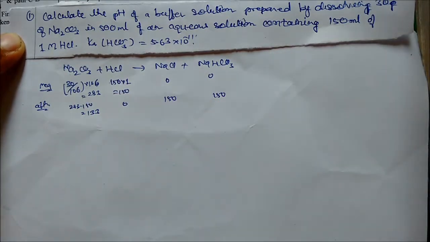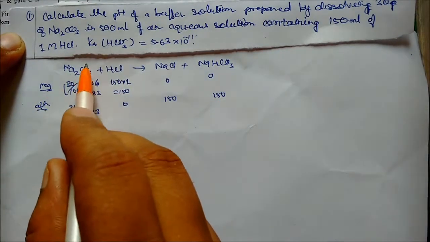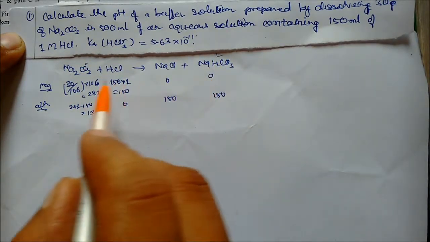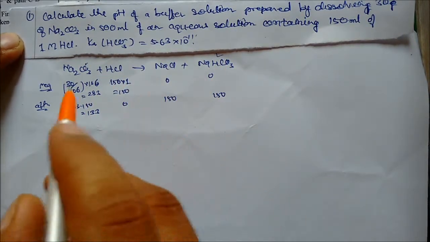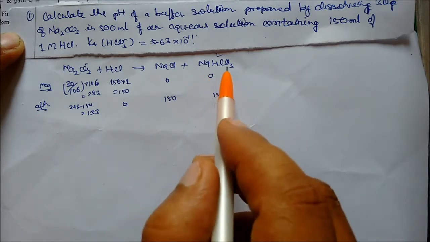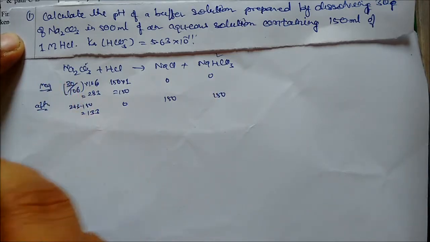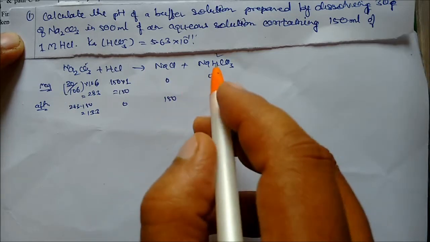Now we can put the values directly because sodium carbonate and sodium bicarbonate both act as a buffer. Why a buffer? Because you can see this is your salt and this is your weak base, so conjugate base by weak base.